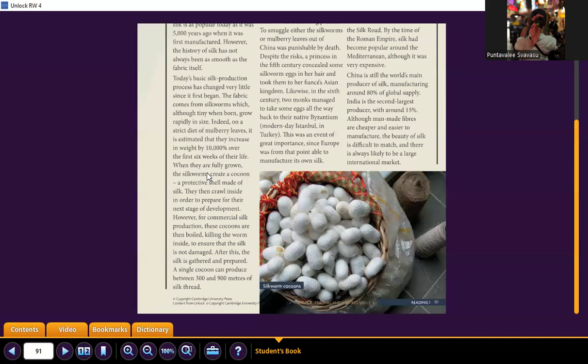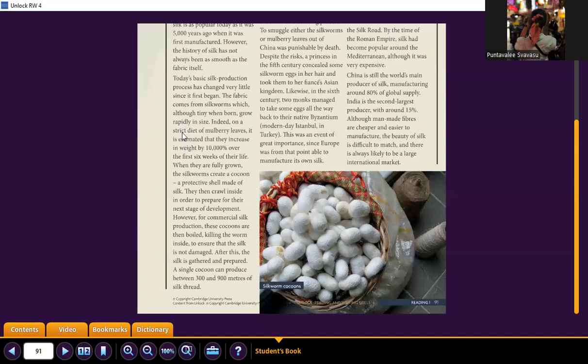Number four, still about silkworm, so it's still in these paragraphs. They talk about diet, so they talk about food. The section about food is right here: indeed, on a strict diet of mulberry leaves, it is estimated, and so on. So it talks about their food, which is mulberry leaves, on a strict diet.